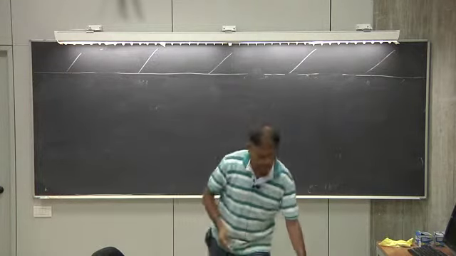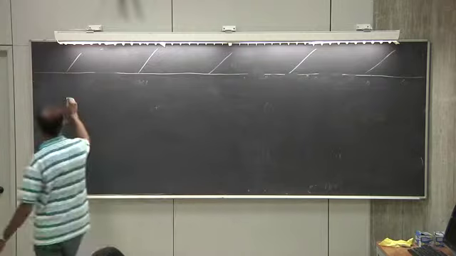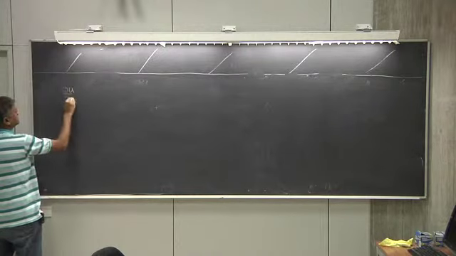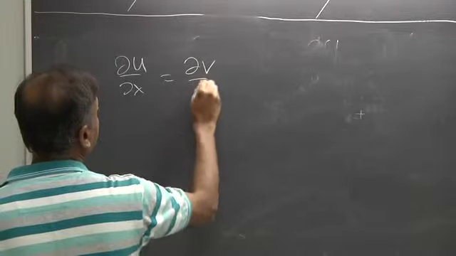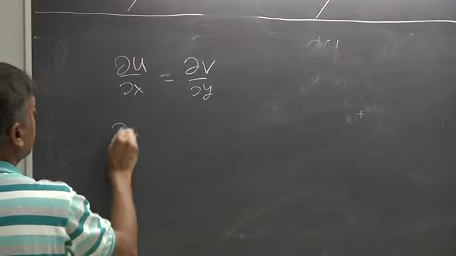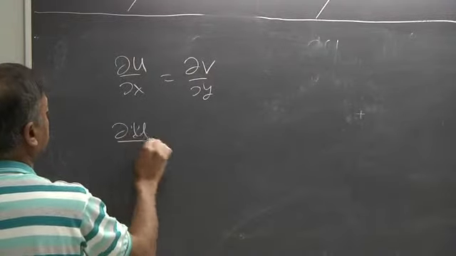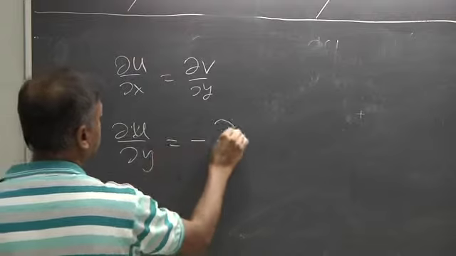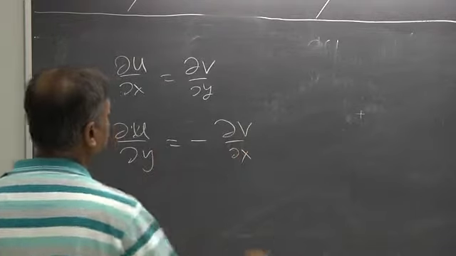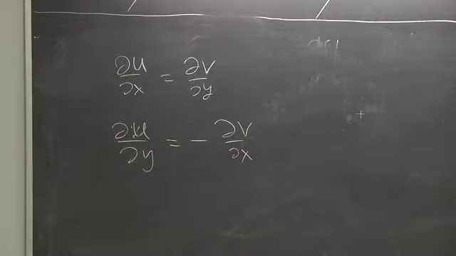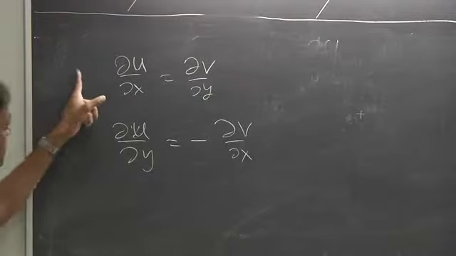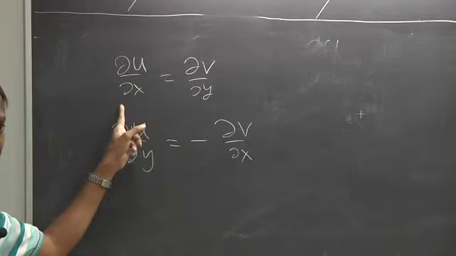I should make one comment about this. Again, Cauchy-Riemann conditions: du by dx equal to dv by dy, and du by dy is minus dv by dx. If you take these two equations, let's do the following. Take the d by dx of the first equation.